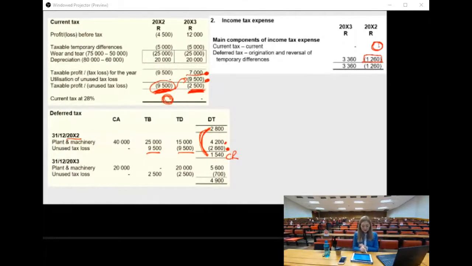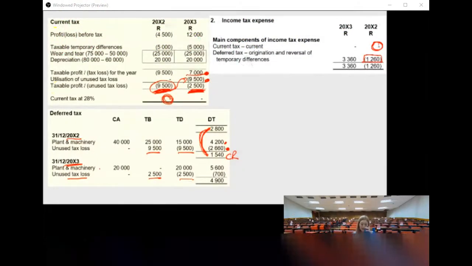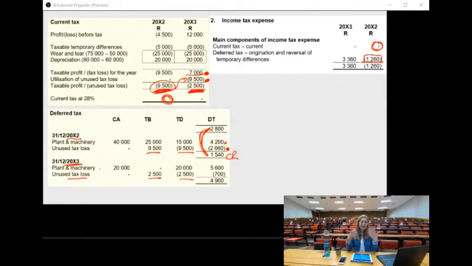So in my 20X3 deferred tax calc, we have our plant and machinery and all our other items, but then we still have an unused tax loss of 2,500 remaining that is going to give us a benefit in 20X4. That's why a portion of it is still unused.